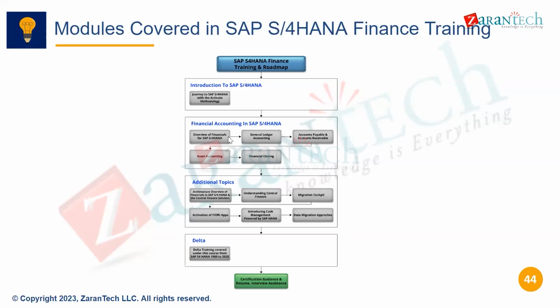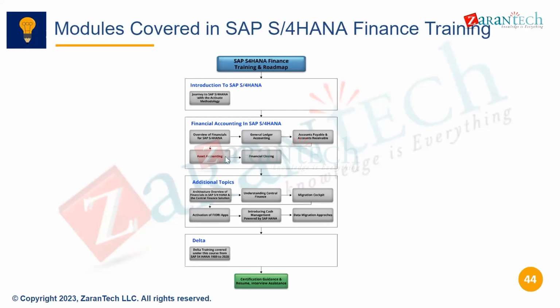An overview of the financials for S4HANA, like the changes in the global settings and in the enterprise settings, and then general ledger accounting. These are the basic modules in S4HANA: accounts payable, accounts receivable, asset accounting, and bank accounting, which is not there here. It is called SAP Cash Management powered by HANA. We will discuss that one as well.